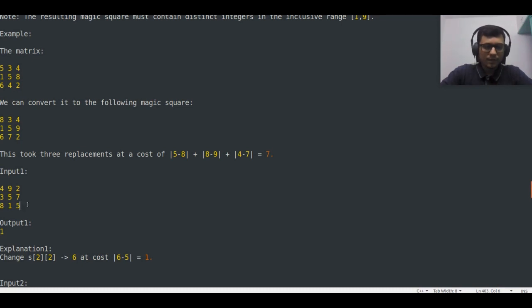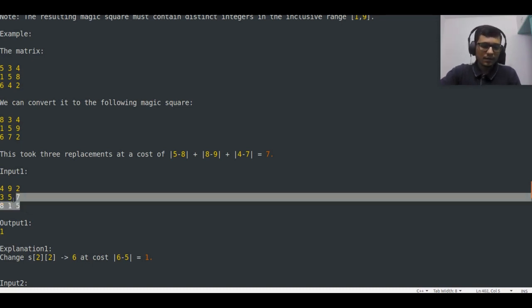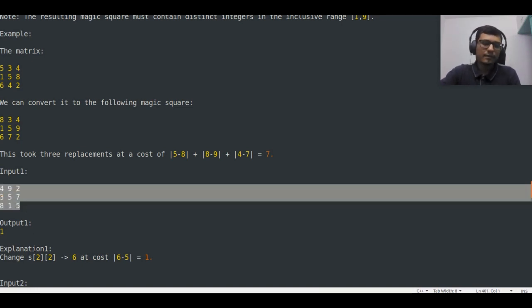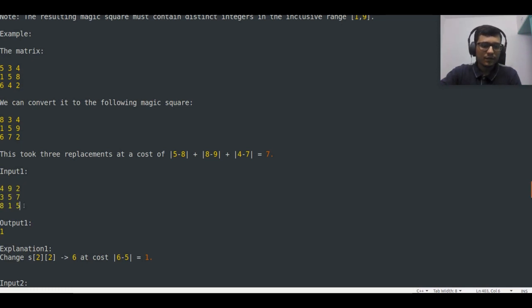Now we want to convert it to a magic square at the minimal cost. We can do it by replacing S of 2,2, which is this value 5, with 6, and the cost of doing that is the absolute value of 5 minus 6, which is 1.